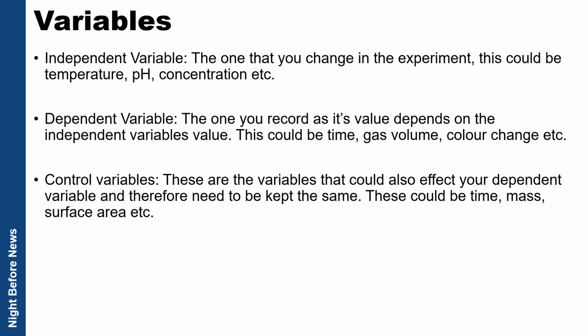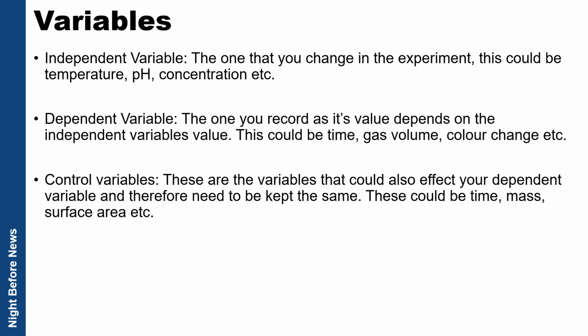Now the dependent variable is the one that is going to change based on what you do with your independent variable. So it's the thing that we record or we measure in the experiment. So that's going to generally be gas volumes being produced, colour changes, temperature changes, things like that.